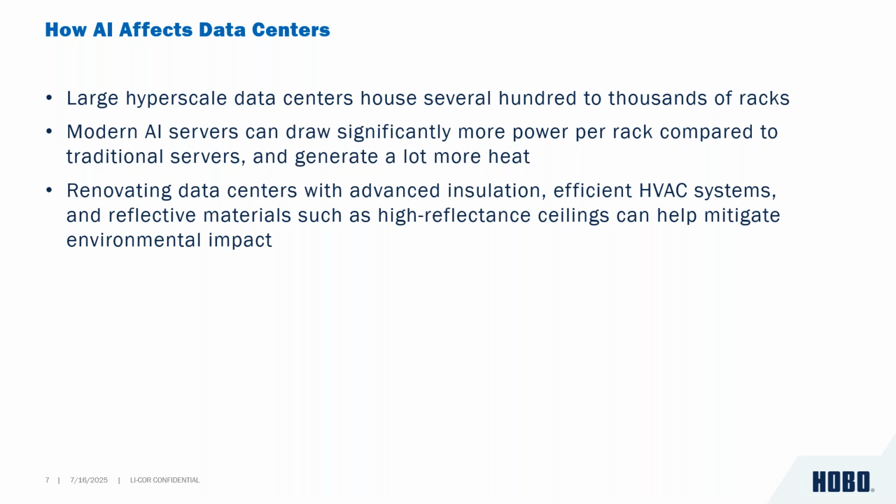Modern AI servers draw significantly more power per rack compared to traditional servers, and this is what equates to generating more heat. One way to mitigate this is that some of the older data centers have gone through renovations, which include advanced insulation, efficient HVAC systems, and reflective materials such as highly reflective ceilings to help mitigate environmental impacts.